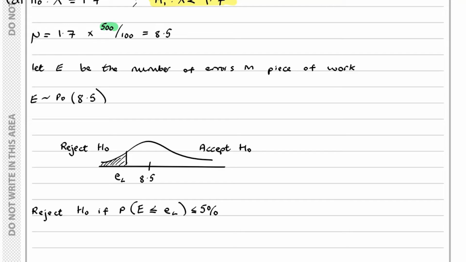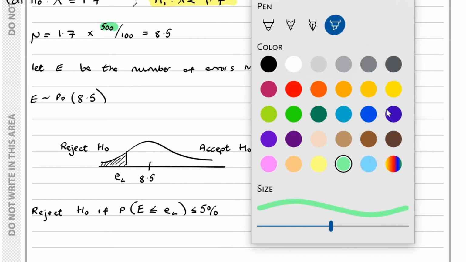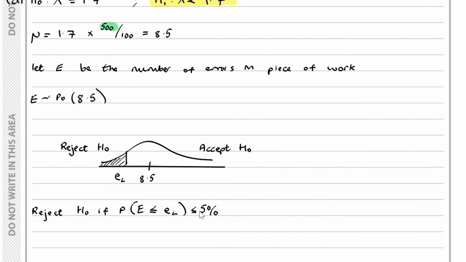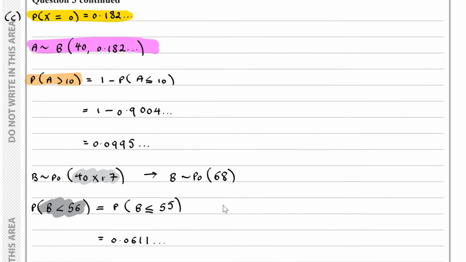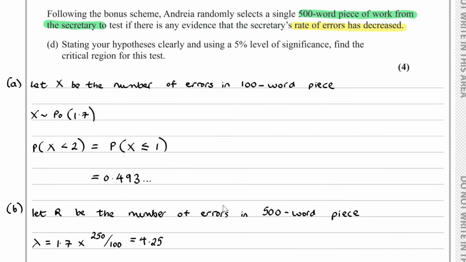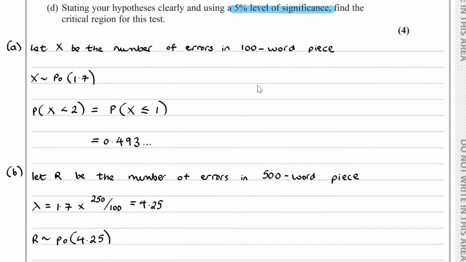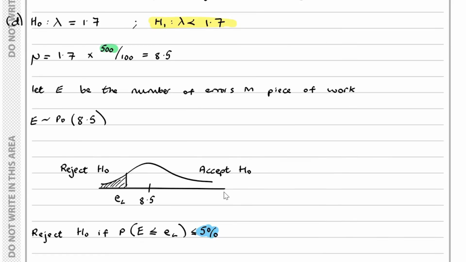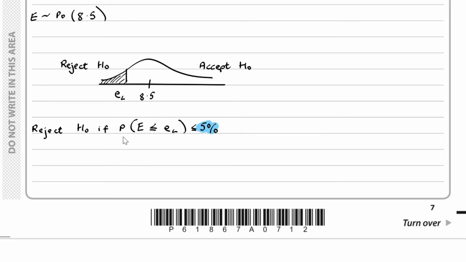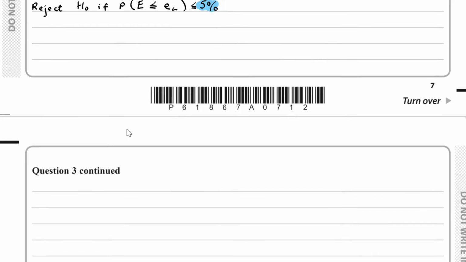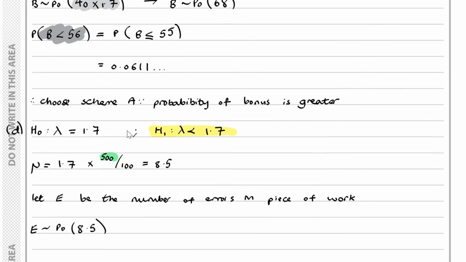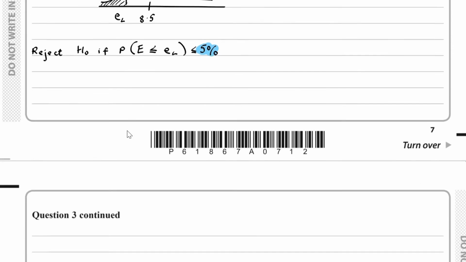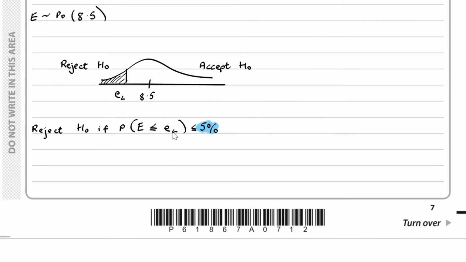Okay, and the reason we're looking at this 5% is quite obvious: we're having a 5% level of significance. So to find this value, we can use the tables.